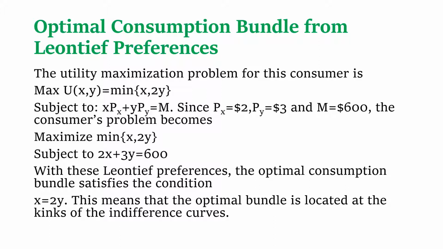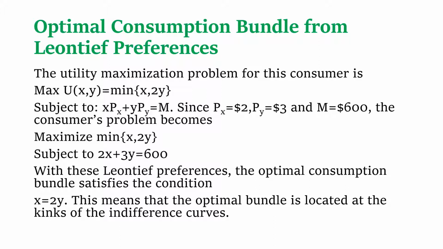Now, since the price of good x is $2, the price of good y is $3, and m is $600, the consumer's problem becomes maximize min(x, 2y), subject to 2x plus 3y equals 600. So 2x plus 3y equals 600 is the budget constraint of the consumer.